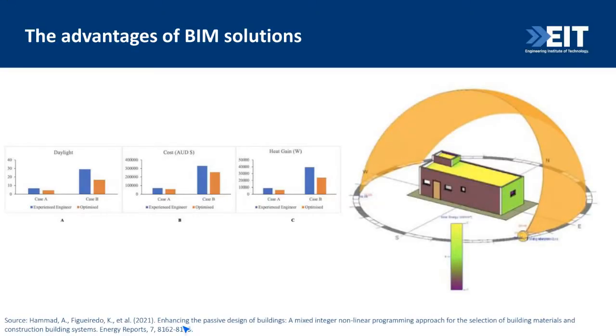So here we have an example of one of the solar simulations performed to generate the solar heat at each side of the building, and it was made using Revit. And we also have some great results achieved through BIM. We could optimize the daylight, the building cost, and the heat gain in both case studies.